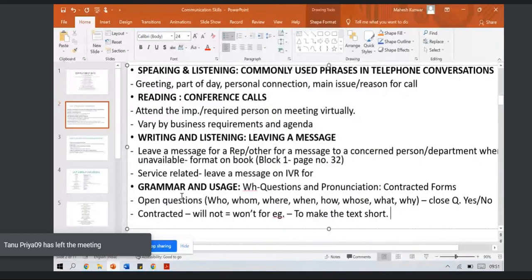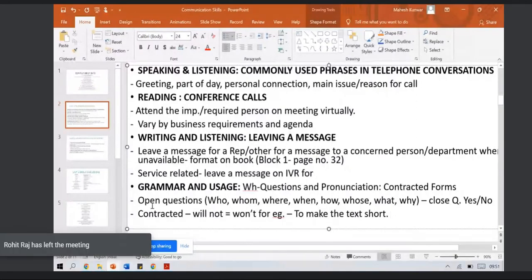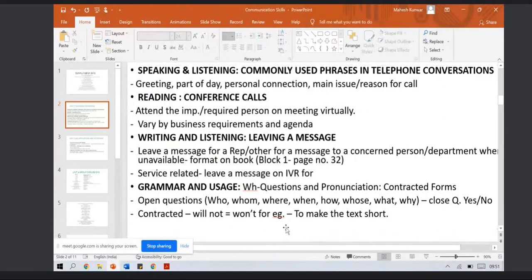In a telephone conversation, you may have to use open questions and closed questions to confirm with the customer or client. You may also have to use contractions while writing or speaking over the telephone. While pronouncing contractions there won't be much difference, but while writing there will be.